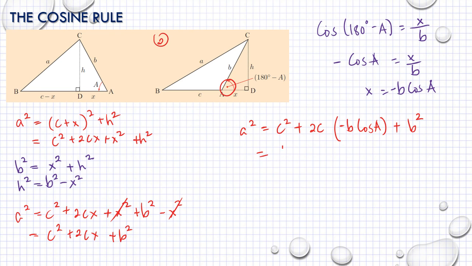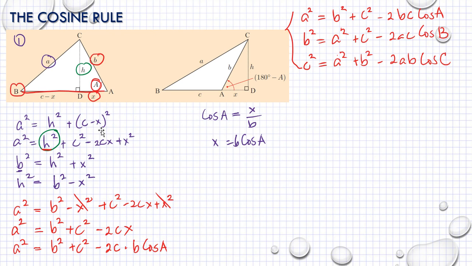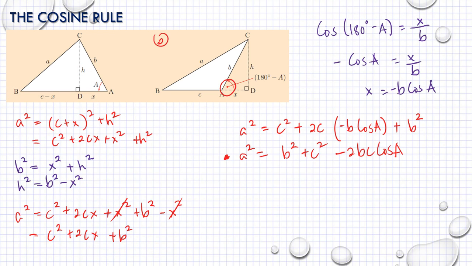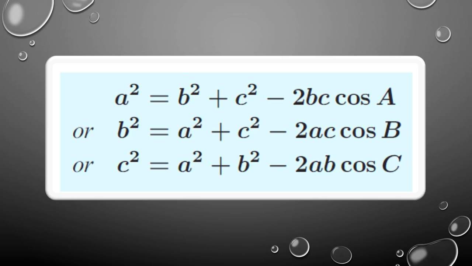Rearranging, we have B squared plus C squared minus 2BC cosine A. This is exactly the same as the one we got there. Okay, I'm not going to show all the variations of this. As a summary, you can see here now.